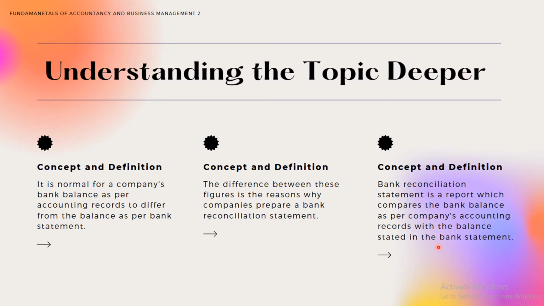If meron bang mga discrepancy or meron bang mga mali or hindi sila balance. Meron bang nag-in, nag-out na hindi na-record sa bank. Then, the difference between these figures is the reason why companies prepare a bank reconciliation statement.